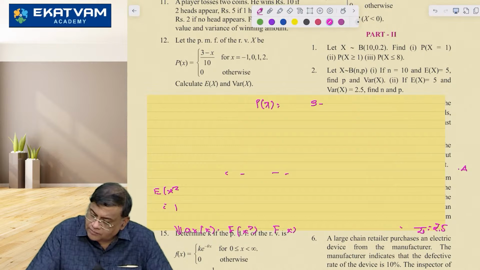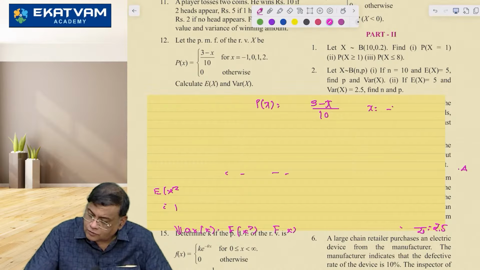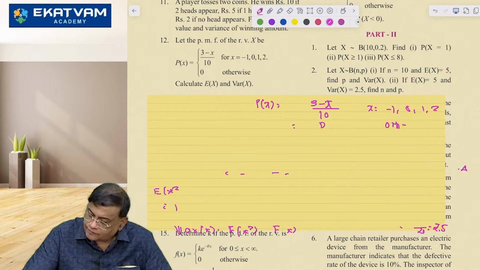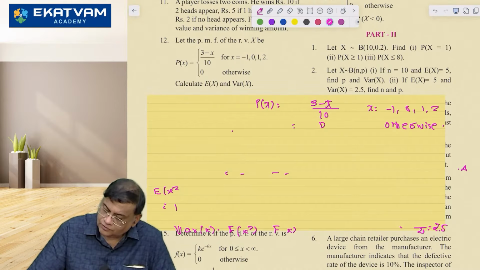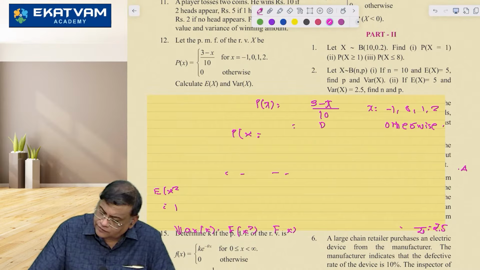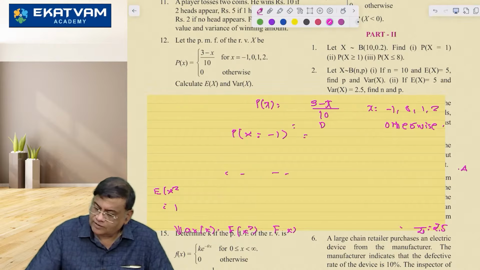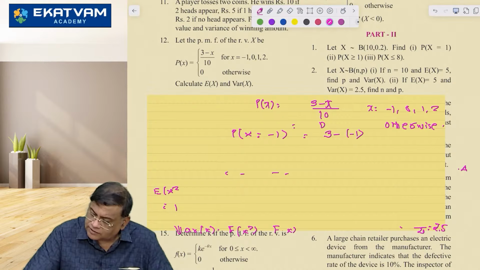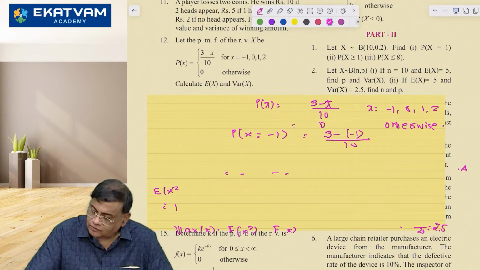It is (3 minus X) by 10, for X equal to minus 1, 0, 1, 2 and equal to 0 otherwise. तो एक probability हमें निकालना पड़ेगा. What is the probability of X is -1? I will just have to put X equal to -1. So it is (3 minus -1) over 10, which will be equal to 4 by 10.